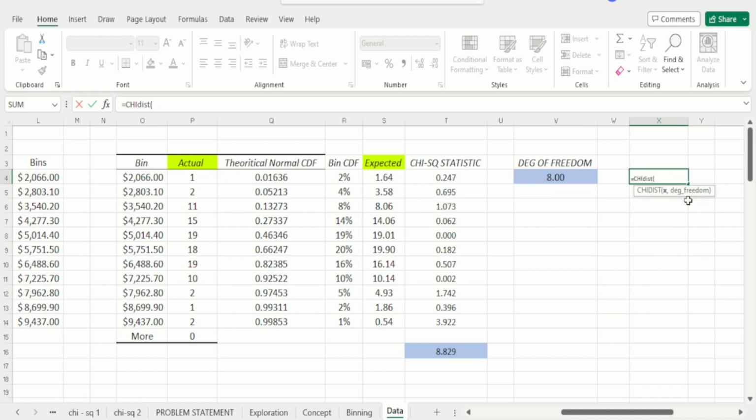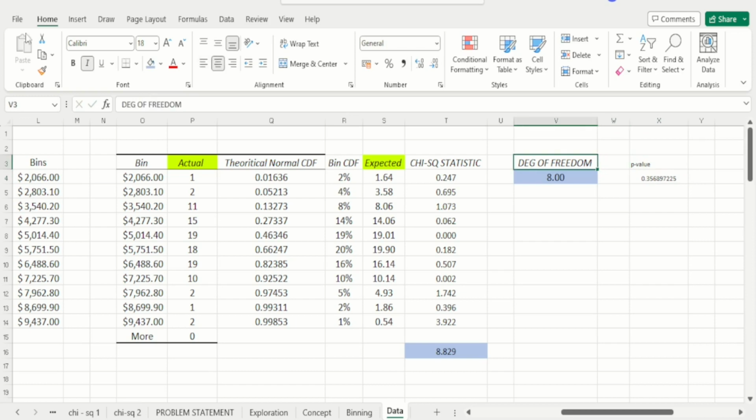There are 2 parameters that this function will take. One is the x, which is your chi-square statistic, and the next one is the degrees of freedom that you already have here. If you use both of them, this is going to be your p-value.